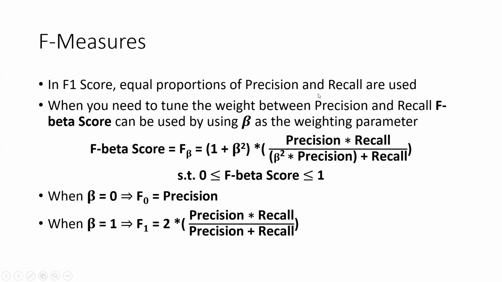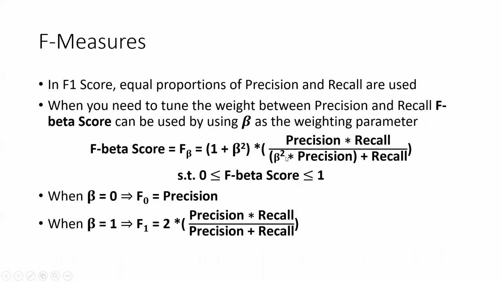You can tune this value using this F beta score, right, when you calculate the F measure. So this F beta score can be calculated like this, right? Instead of F1, we can have F beta where you can have this tuning parameter, in which proportion you want. So not the exact proportion, but a certain value related to the proportion.